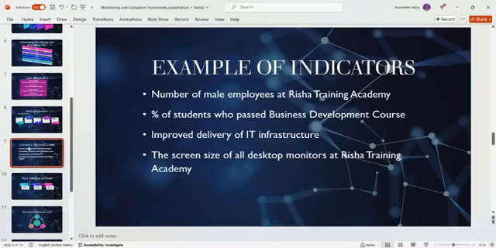Improved delivery of IT infrastructure is a qualitative indicator, because it's difficult to really measure that. You may have some sense that indeed it has improved, but it is difficult to measure. That's why it's important to use a quantitative methodology. The screen size of all desktop monitors at Richard is quantitative as well, because it's talking about the size; you can measure it. So you have many examples.